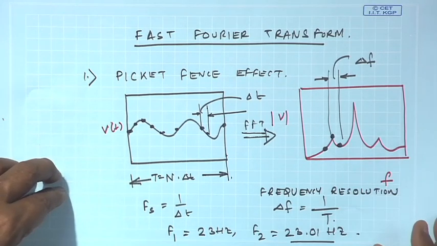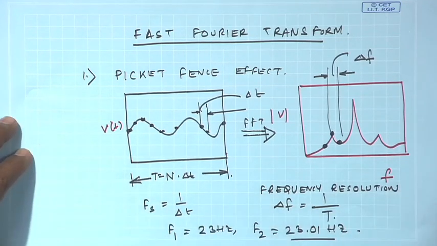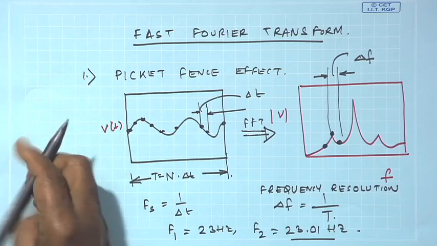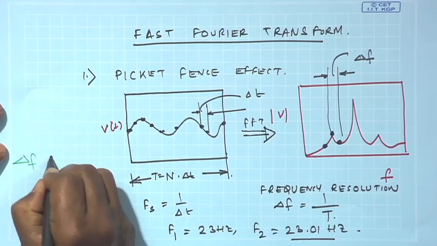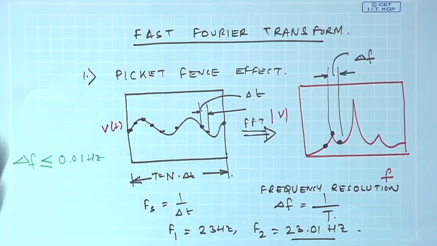In such a case, my delta f should be at least less than 0.01 hertz, right.